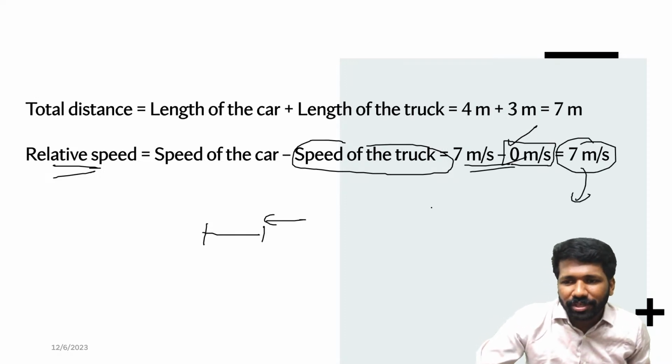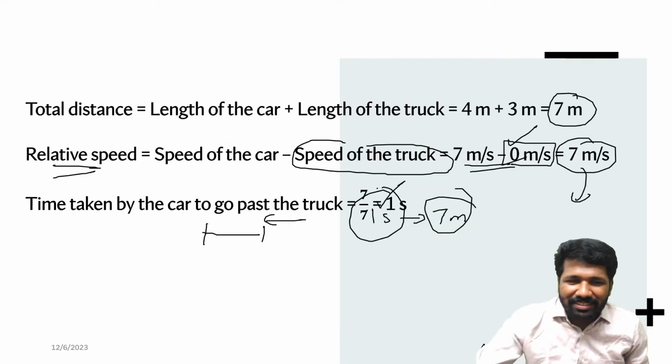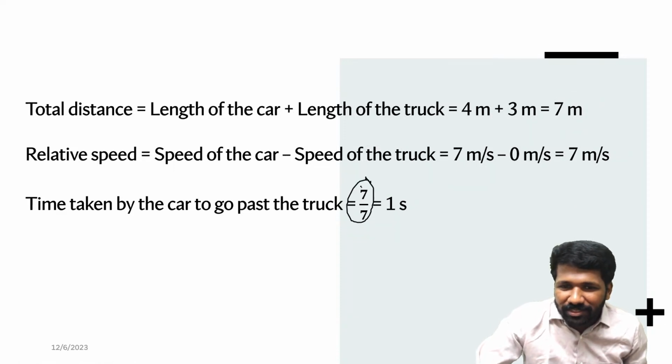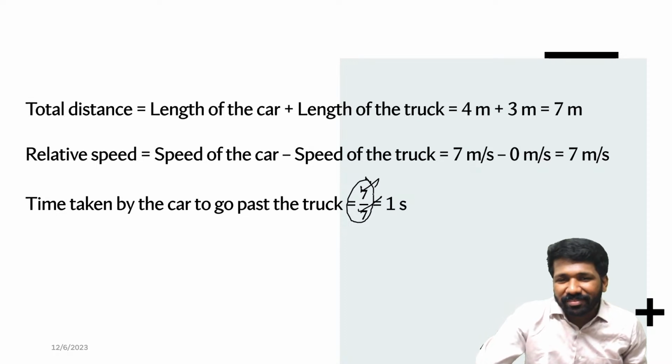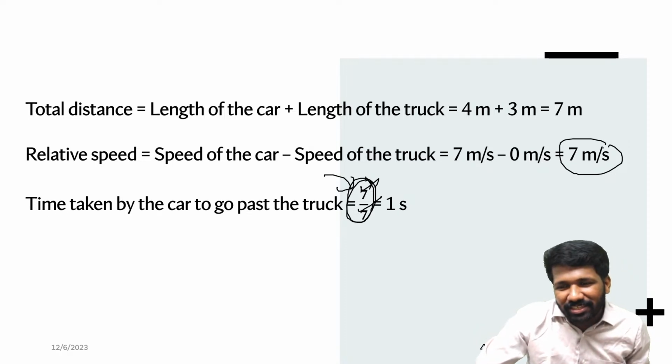I told you when you hear 7 meter per second, what is the thought that should come into your mind? 1 second, 7 meter you can travel. How many meter to travel? 7 meters. So 1 second is enough now. What I am trying to say is, unnecessarily we will do like this. I know this will not take much time. 7 by 7 is so simple a step. But it is actually stating the obvious. 7 meter per second itself means 1 second 7 meter.